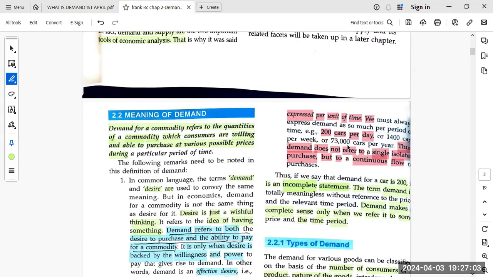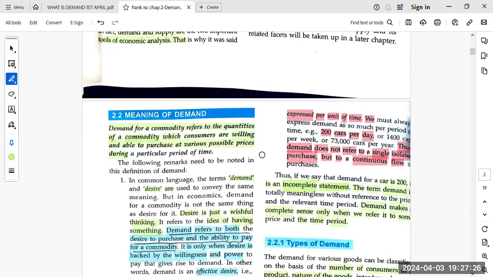Thus, demand does not refer to a single isolated purchase. So demand never refers to a single isolated purchase, but to a continuous flow of purchases. For example, rice. You're not demanding rice as an isolated purchase. Every day you have a demand of 250 grams of rice or 200 grams of rice.